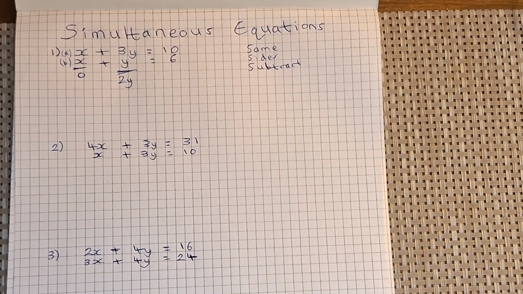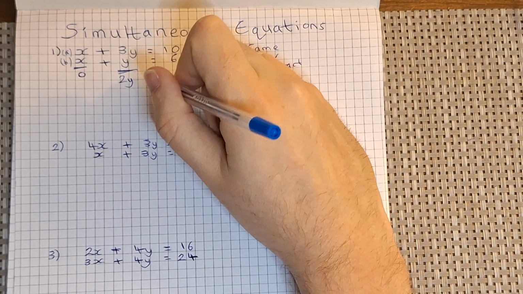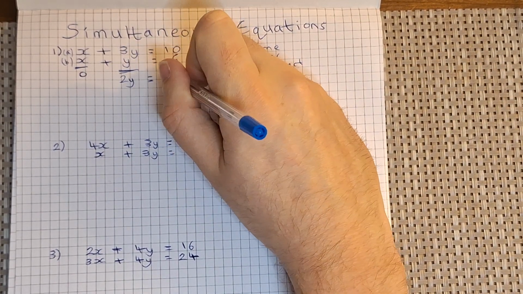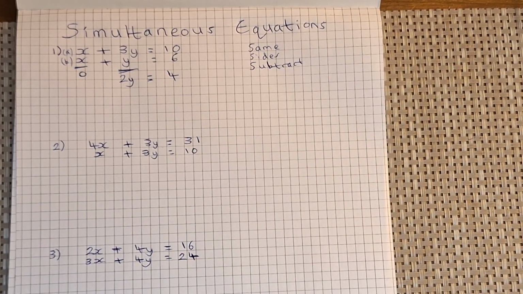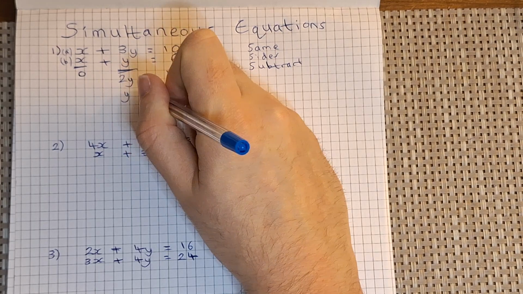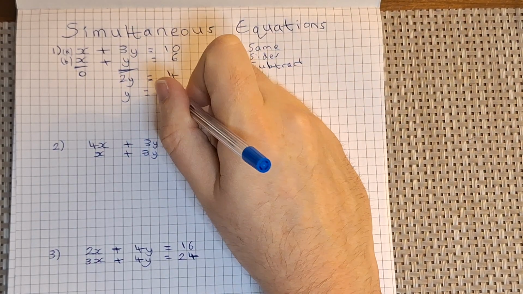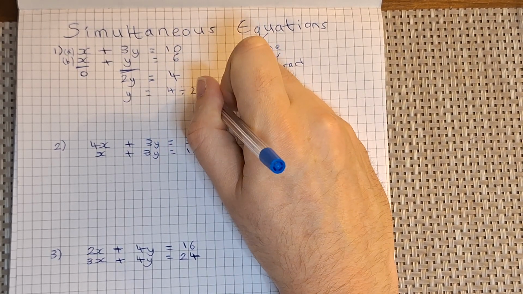And 10 take away 6 equals 4. Now we have 2y equals 4, and if 2y equals 4, then y is 4 divided by 2, which equals 2.